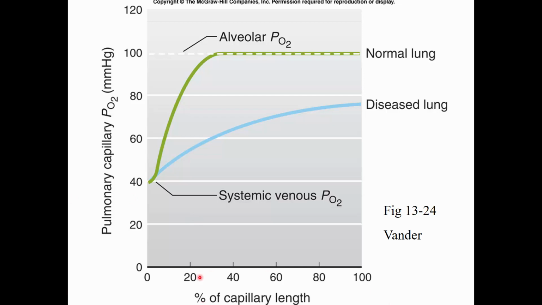So here's an interesting little graph. Here we are along the length of a capillary, and here we have pulmonary capillary PO2. So we have venous blood coming into a pulmonary capillary, and the PO2 is about 40.